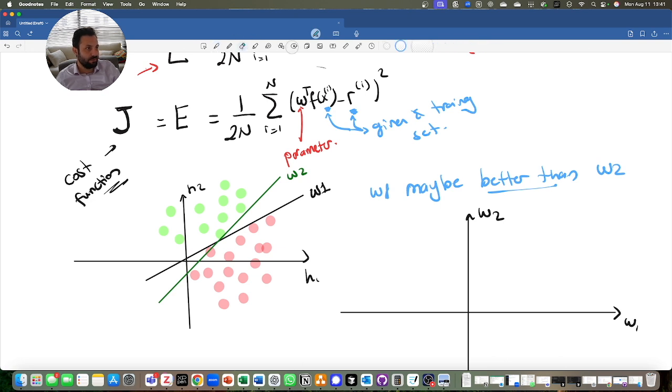Let me take my colorful pen for, let's say, this W here, this region, and let me go ahead and mark it. This W maybe, I'm going to call it W star, so that's W2 star, and that's W1 star. This W can be better than those around it.